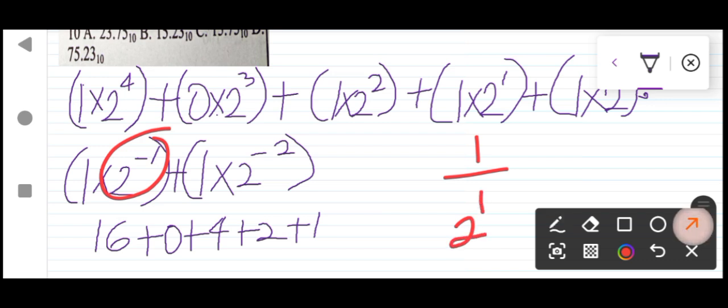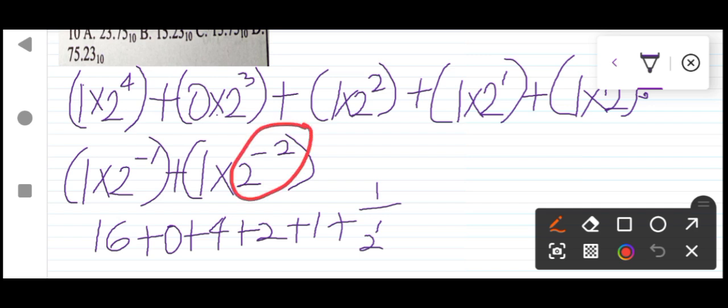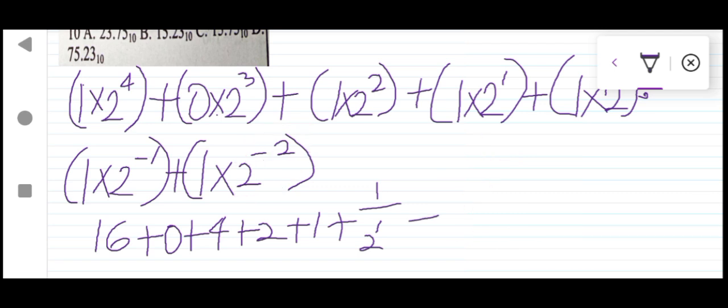And of course, 1 over 2 power 1 multiplied by 1 is still the same as 1 over 2 power 1. So we have plus 1 over 2 power 1. And let's go with the next, which is 2 power minus 2. Same principle, minus over here means 1 over. Then we are left with 2 power 2, right? And that is plus 1 over 2 power 2.